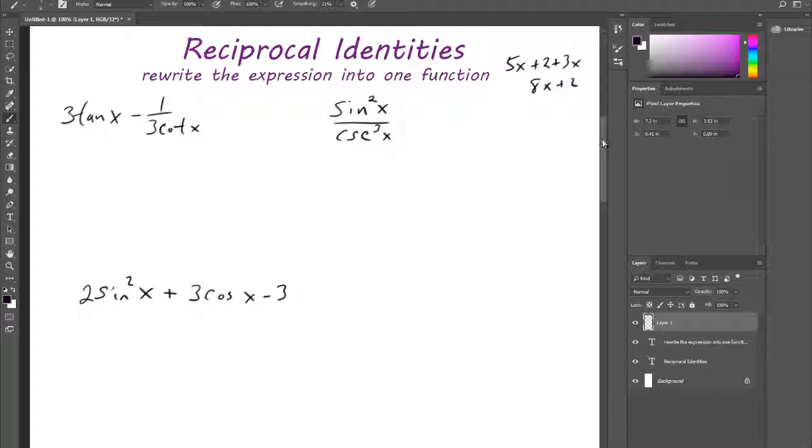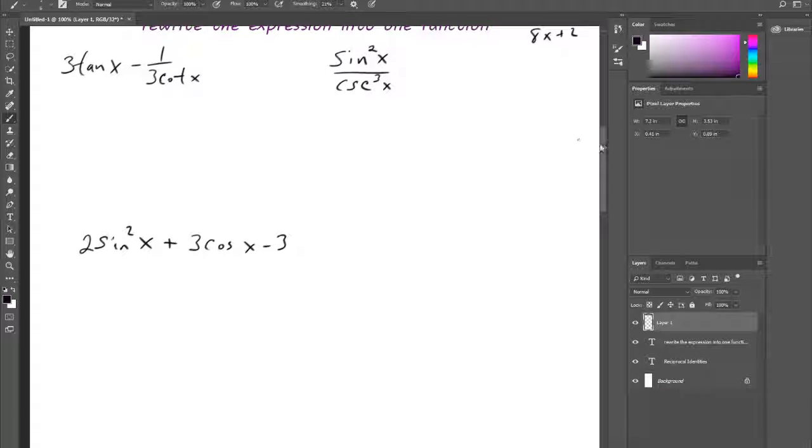There's lots of ways you could do this, but if this is tangent and this is cotangent, I know that cotangent of x is equal to 1 over tangent x. I know that's a fact. So I can replace this cotangent x with 1 over tangent x and make it look like this.